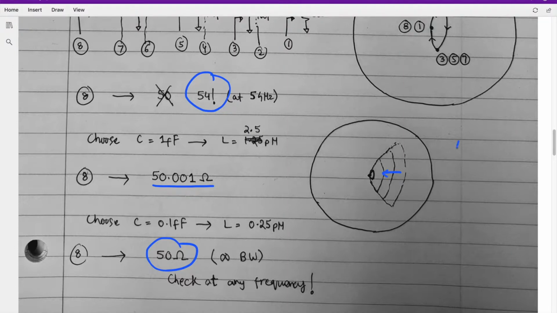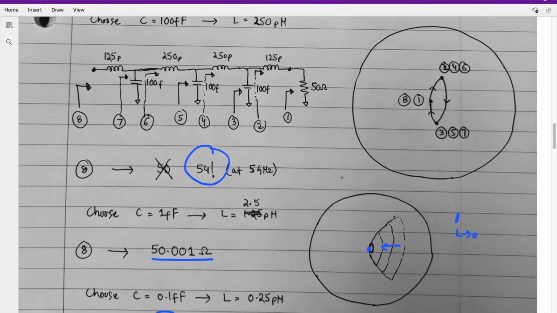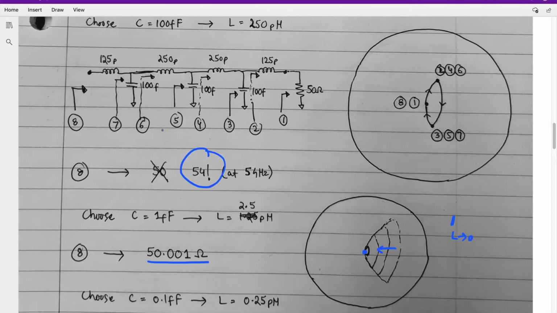So when you analyze this very small piece of section, you have very small values of L's and C's. Essentially, you are just moving on this dot. You're not moving up, you're not moving down, you're just staying on this dot. So looking at every point, 1, 2, 3, 4, 5, 6, you will see the same impedance, right? Which is what a transmission line is.